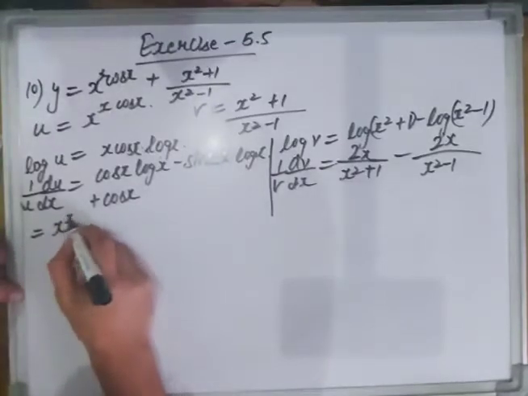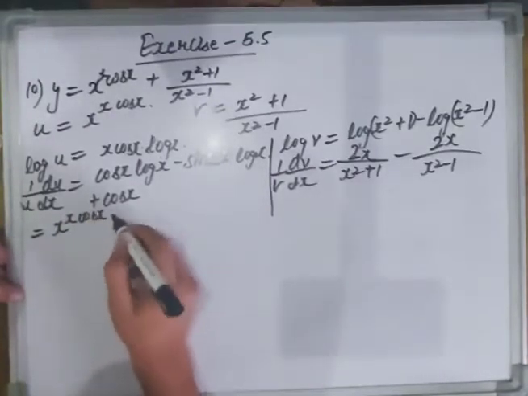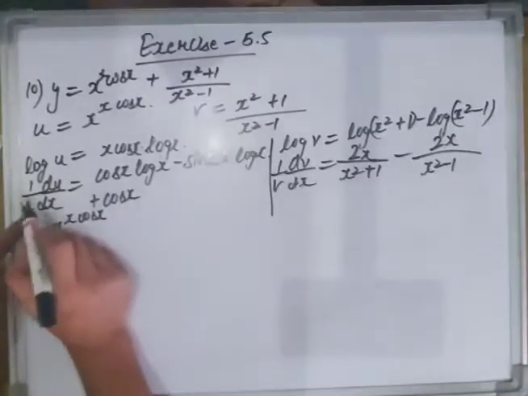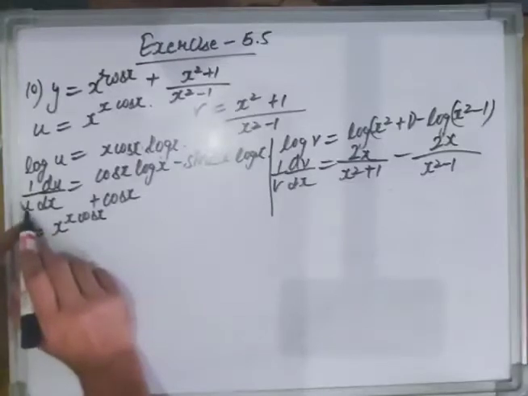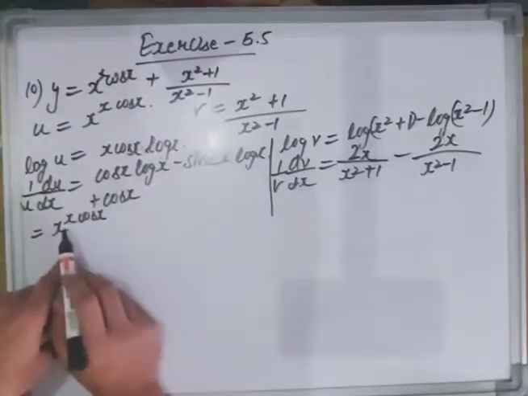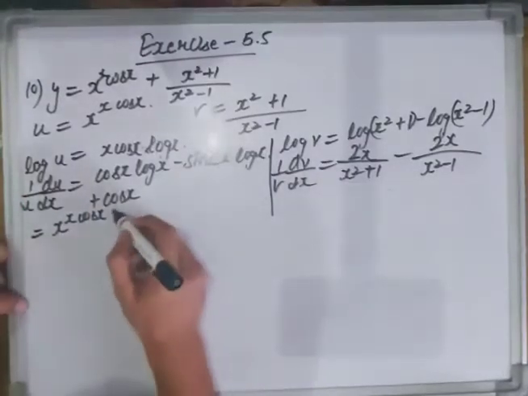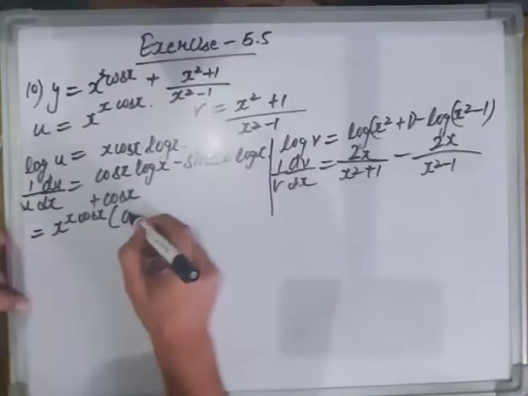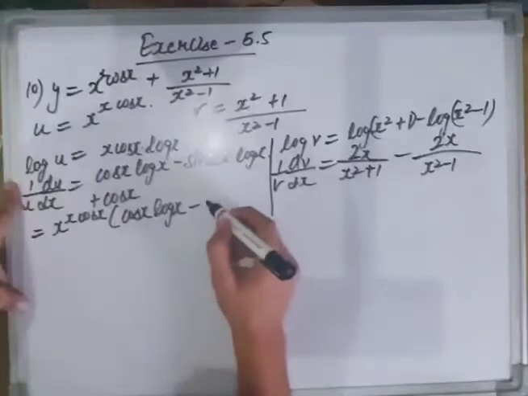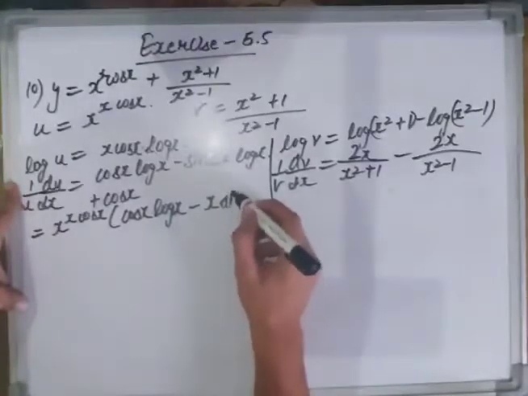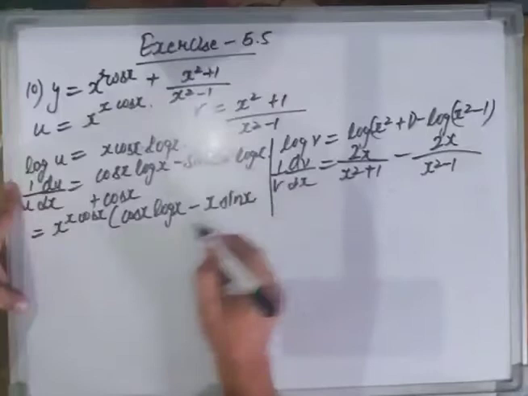Okay, here we have x to the power x cos x, because the value of u was x to the power x cos x, and when I took this u from division to multiplication, we have x to the power x cos x. And here we have cos x log x minus x sin x log x.